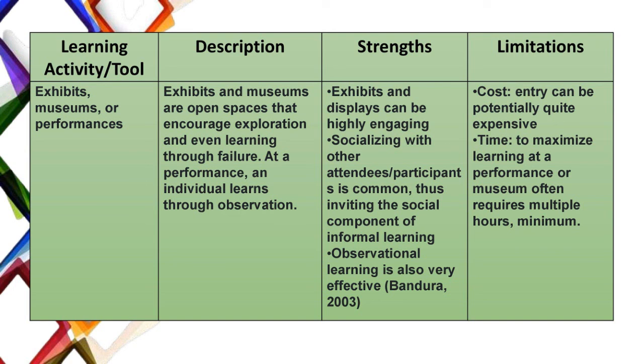The strengths of this are that exhibits and displays can be highly engaging. Socializing with other attendees and participants is common, thus inviting the social component of informal learning. Observational learning is also very effective.